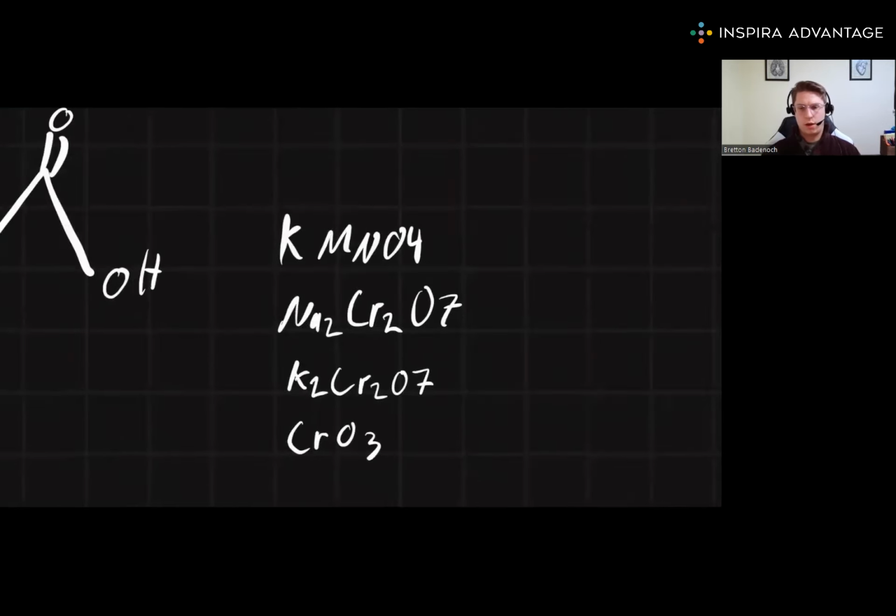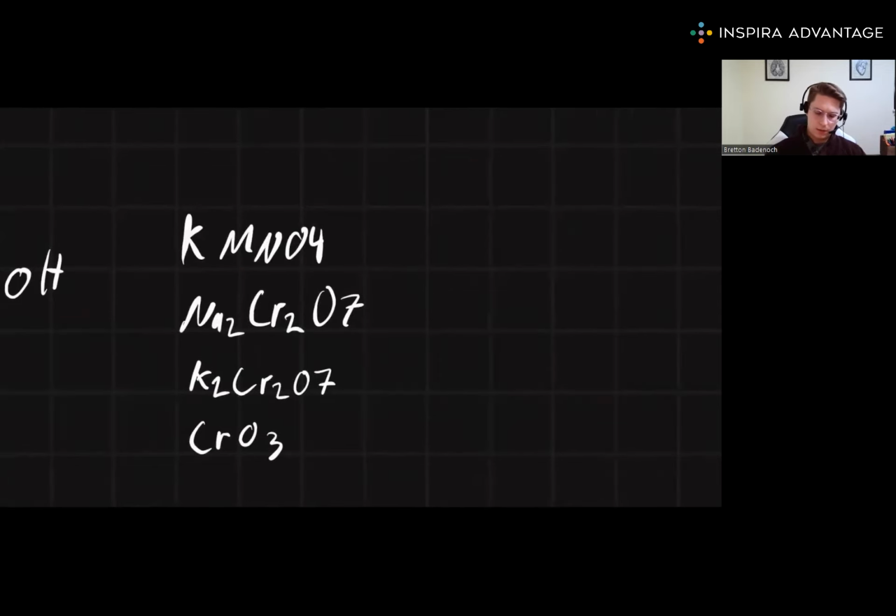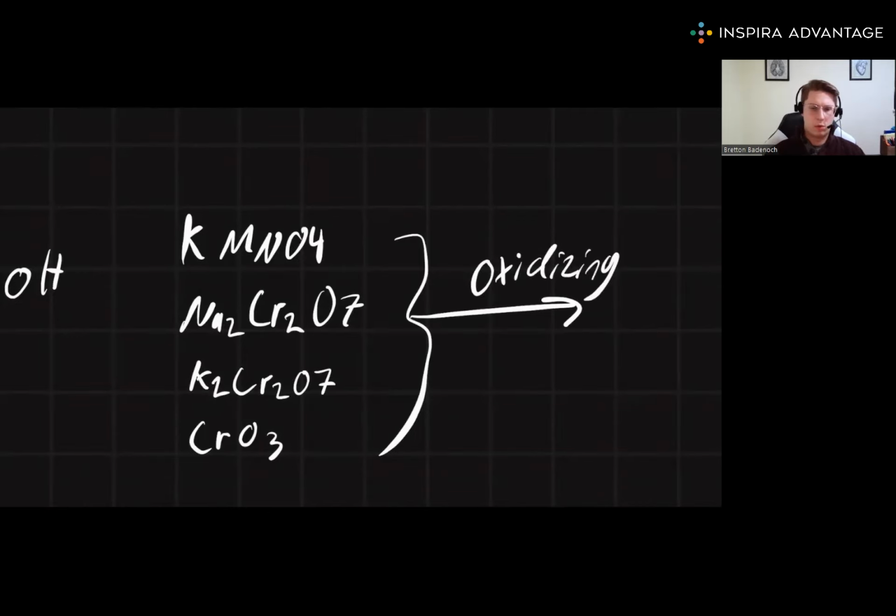Notice we've got a lot of chromium here, chromate. These are some of the most important reagents to know for organic chemistry because they are all oxidizing. These are very, very important.